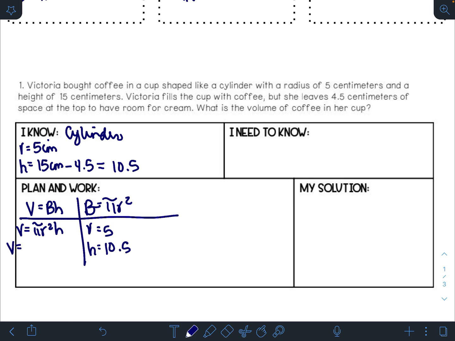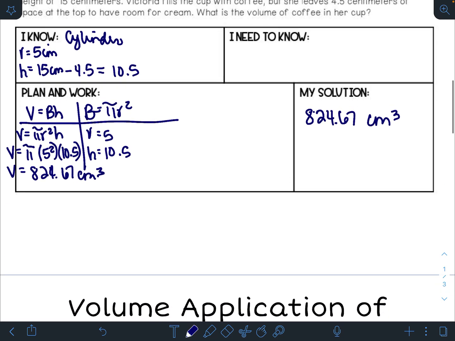So I have pi times 5 squared times 10.5. If you type all that into your calculator, you get 824.67 cubic centimeters. So she would have 824.67 cubic centimeters of coffee.